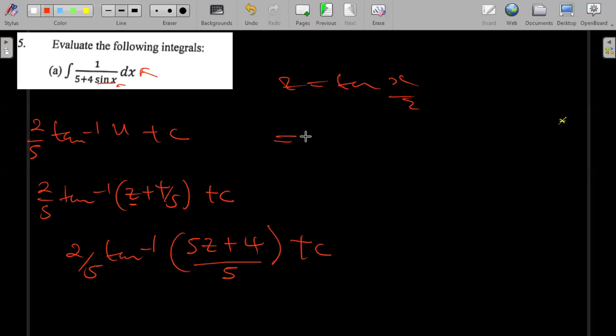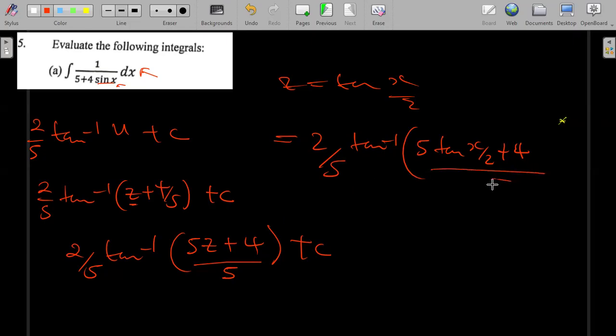Then I can replace my z, which I know is that. Then this is going to be 5 tan x over 2 plus 4, over 5, so 4 over 5 is going to remain there like that, plus my c.